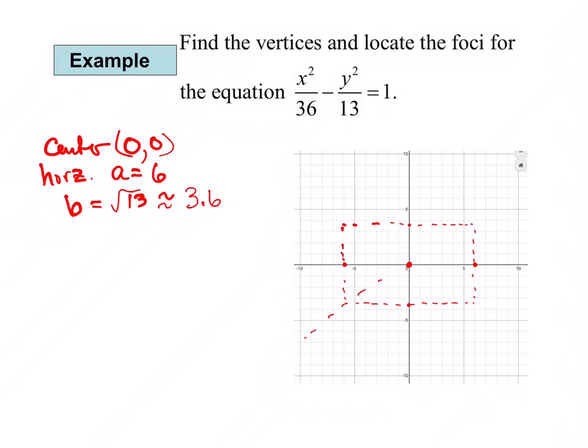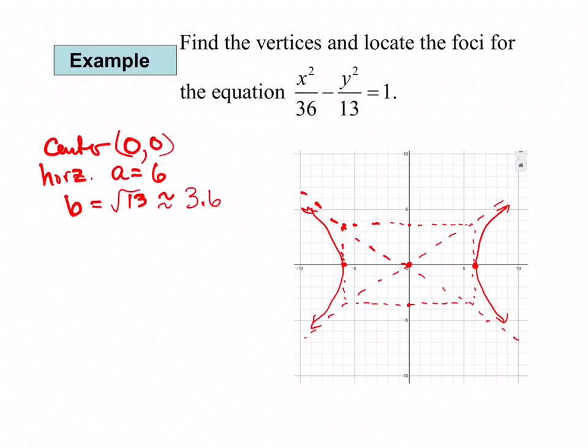And then we look at the diagonals of the box. All right, this one is horizontal, so we graph it approaching the asymptotes on the horizontal.